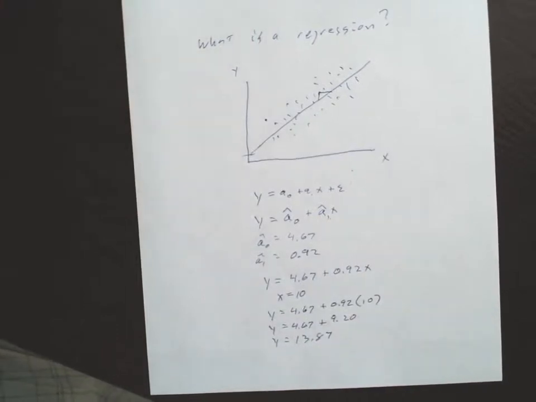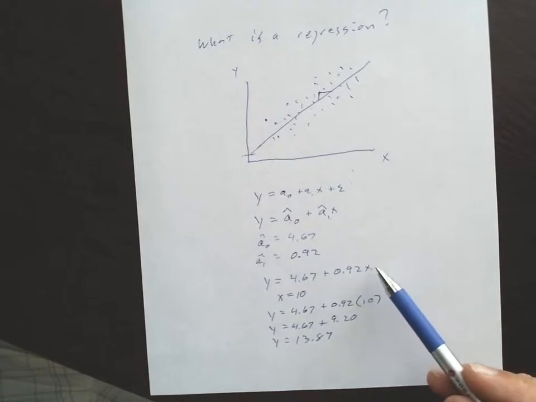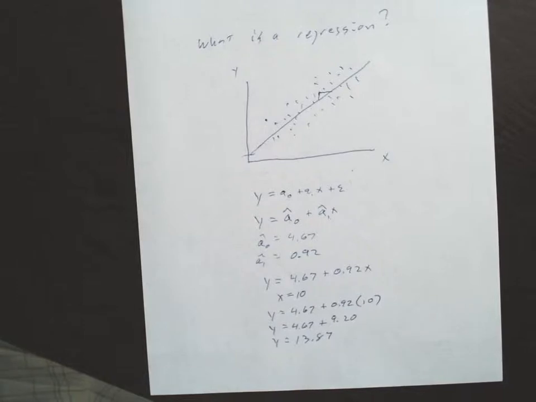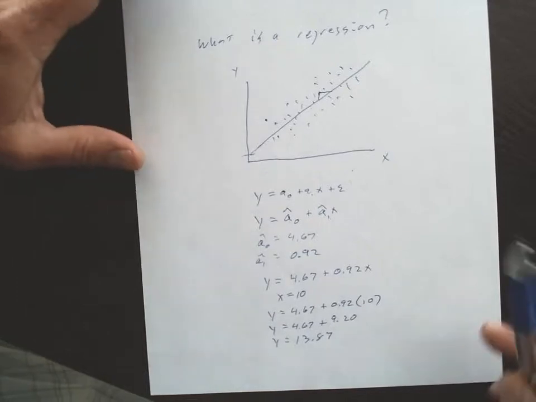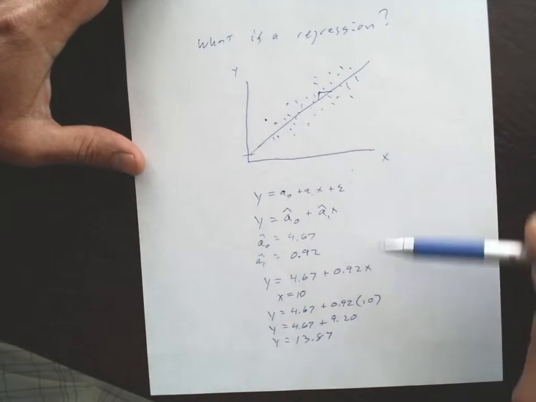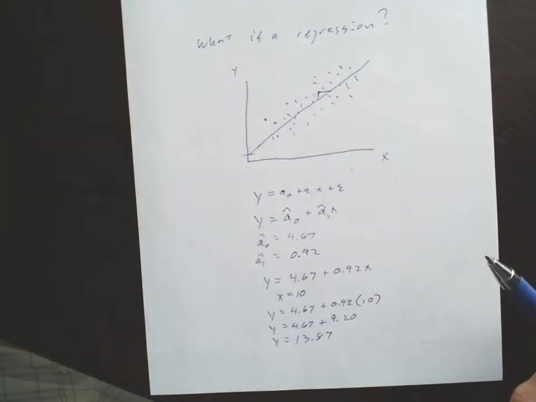And so what this means is that if x equals 10, then y on average is going to equal 13.87. So focus on what a regression is and how to interpret basic results from the regression, and that's going to be a focus of a question or two on your quiz.